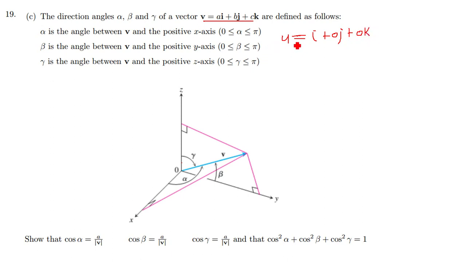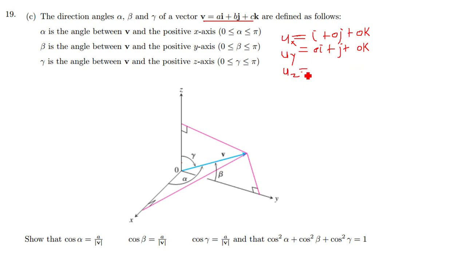So this will be u in the x, then this is going to be u in the y. So u in the y is just going to be 0i plus j plus 0k. And then we also find u in the z.